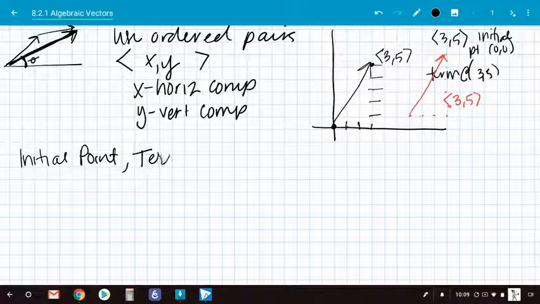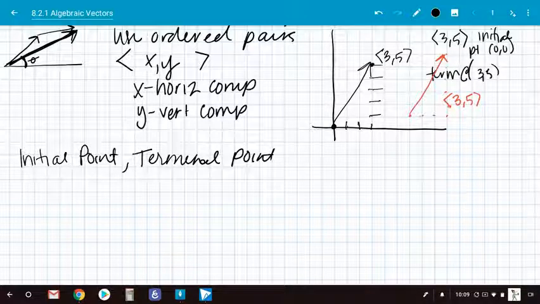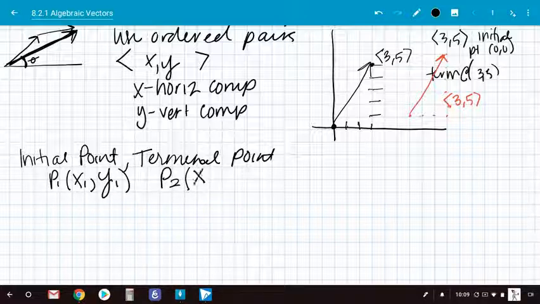Okay, so if we have an initial point and a terminal point, meaning where it starts and where it ends, I'm going to give you the initial point x1, y1, and the terminal point x2, y2.